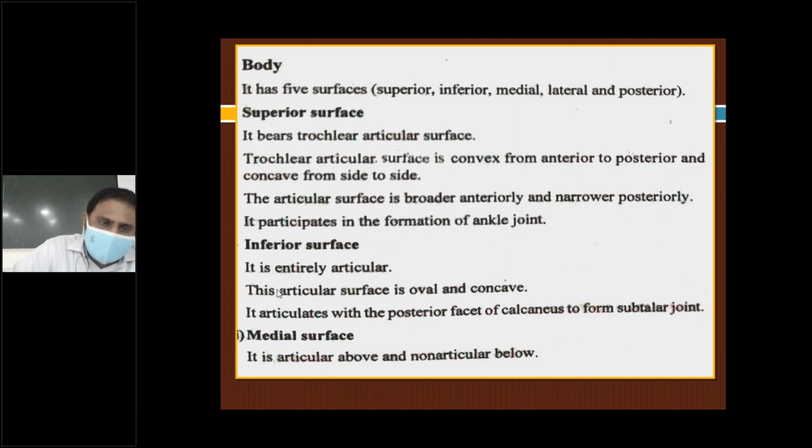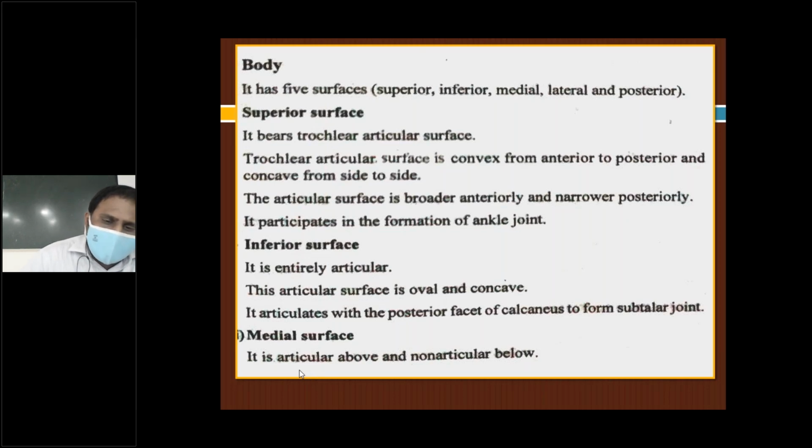Inferior surface: entirely an articular surface. This articular surface is oval and concave. It articulates with the posterior facet of the calcaneus to form the subtalar joint. Now, the medial surface.